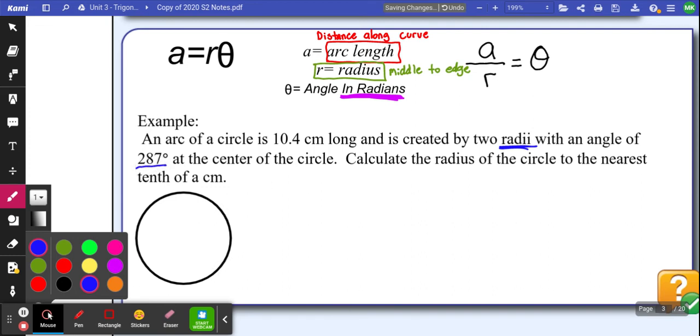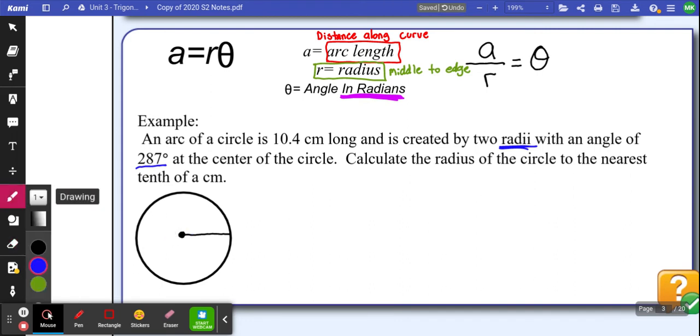So somewhere in here, you have two radii. They create an angle of 287. You could draw that anywhere that you want. So if I draw one right there, I then need to go approximately 287 degrees. I'm going to guess that 287 degrees is somewhere like there.